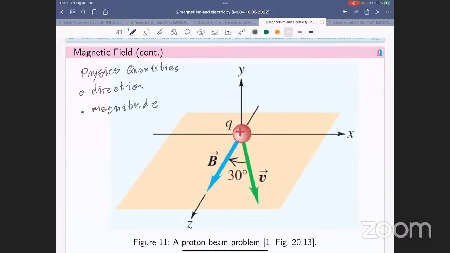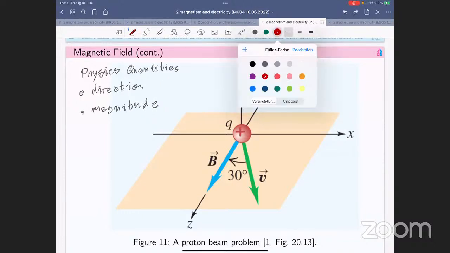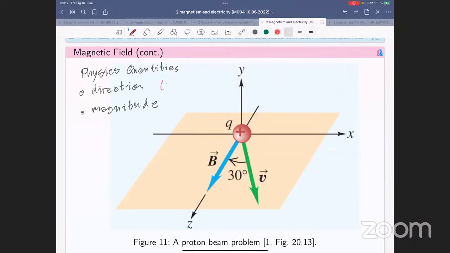Of course, the direction can be found by using the right-hand rule, and the magnitude can be found from F equals the absolute value of Q V B sine theta. Right, that's the technique.